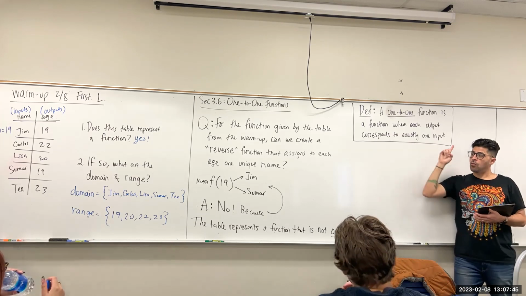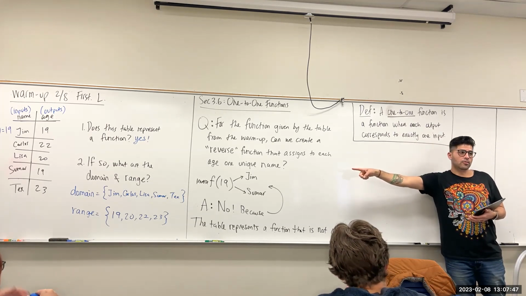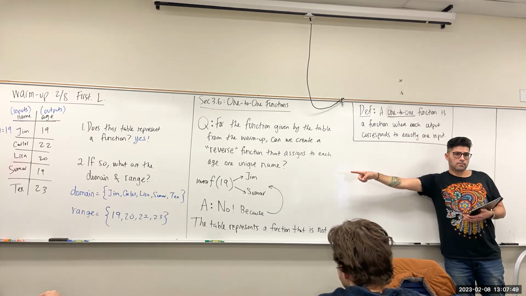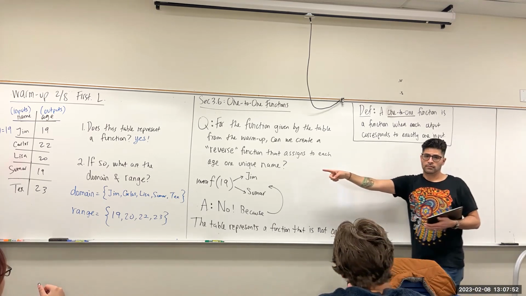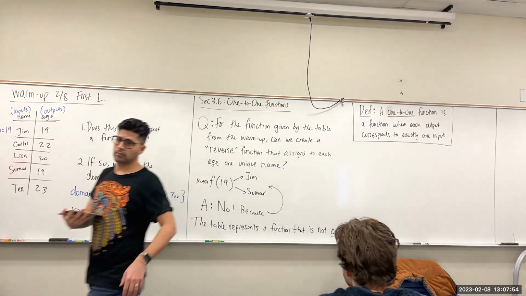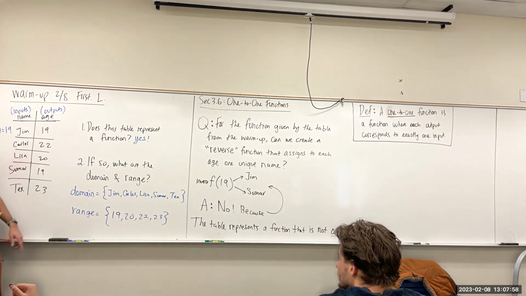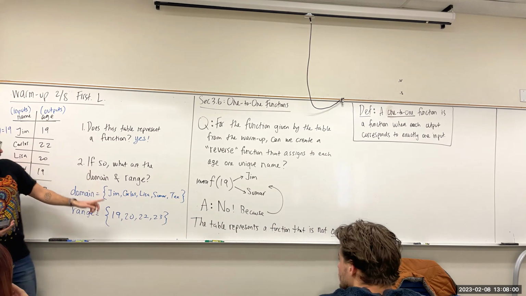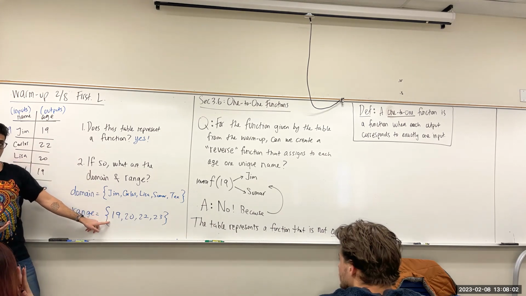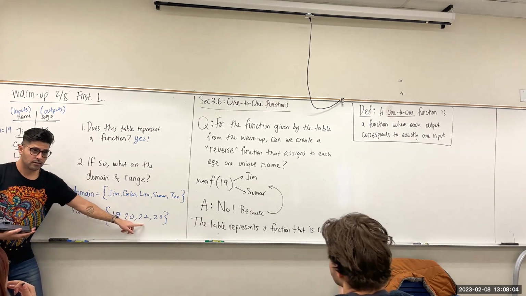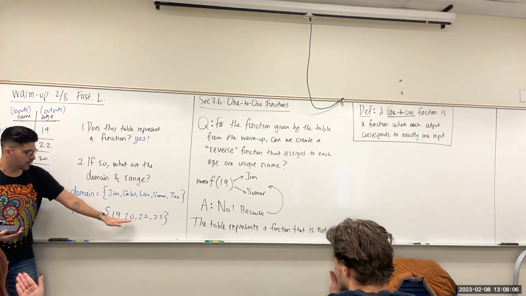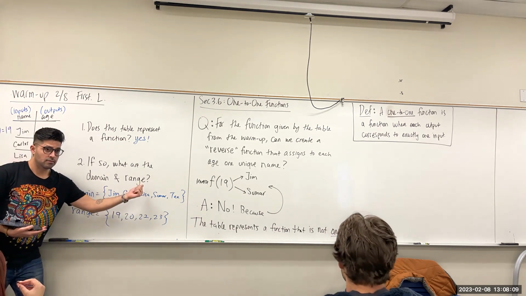Okay, and so why does that table fail to be one-to-one? It doesn't have exactly one input and one output. There's more than one input for an output. Yeah, you guys see, this is the list of outputs that you gave me, right? So is it true that each of these corresponds to exactly one input?